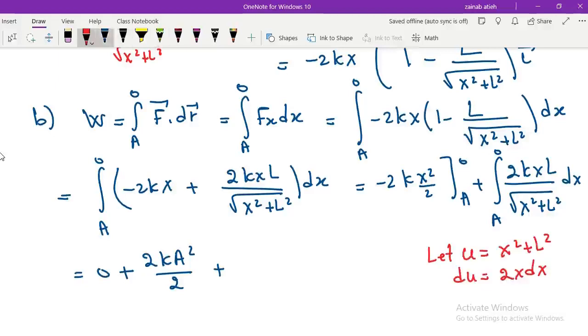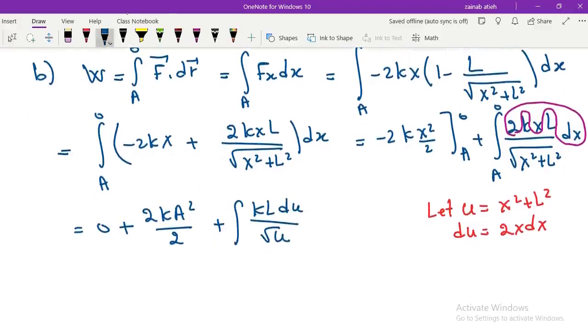As you can see, I will convert everything to u. I hope you know how to do change of variable. This is 2x dx, which is here above. So the integral becomes kL du over radical u.